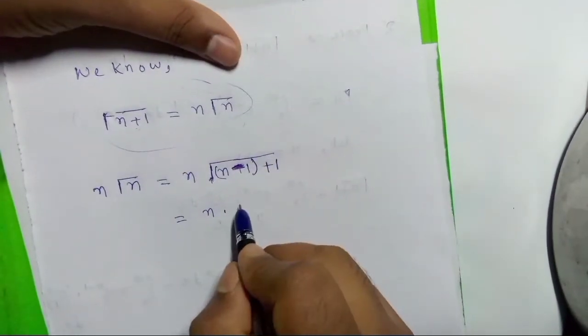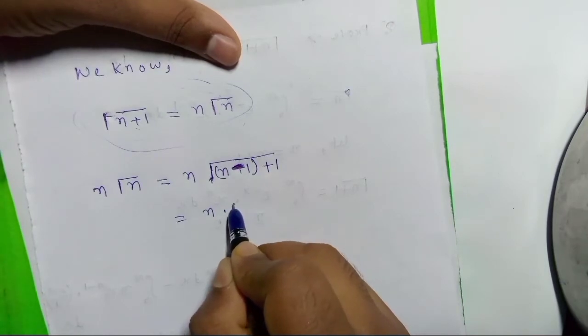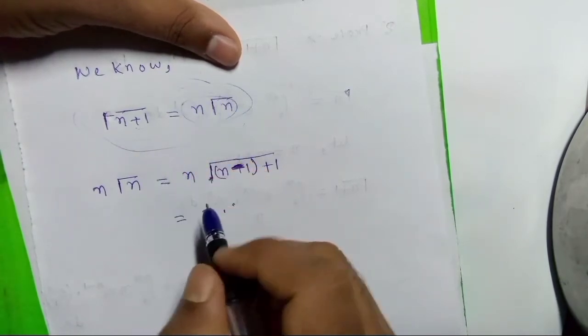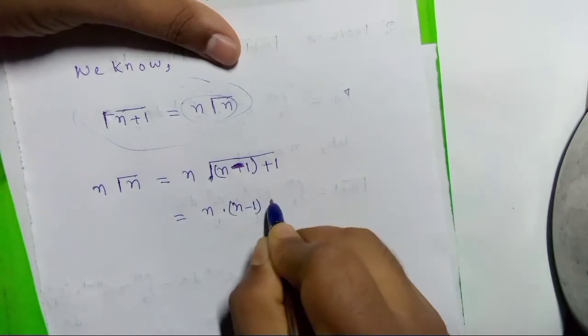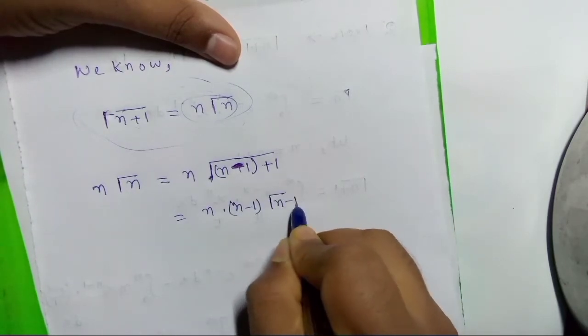So we can write n minus 1 gamma of n minus 1.